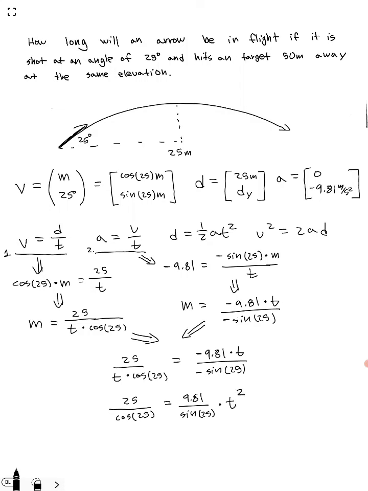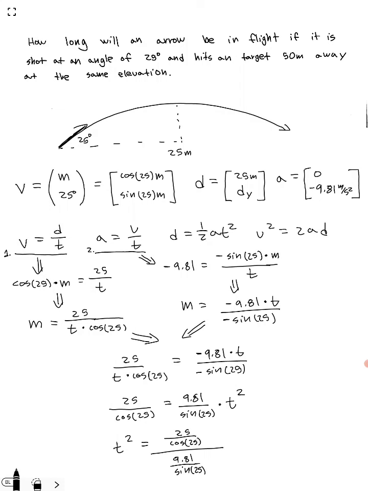And then finally, t squared is just going to be equal to 25 over cos 25, big fraction, over 9.81 over sine 25. I'm not even going to bother simplifying the fraction, just jam it into your calculator. You probably have scientific calculators or graphing calculators anyways.